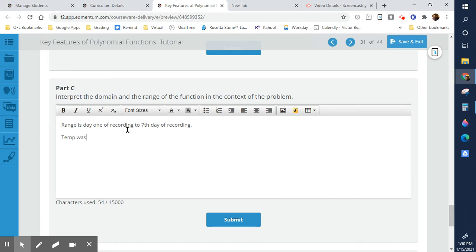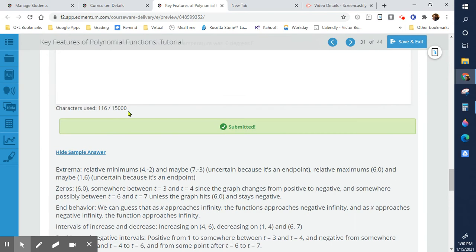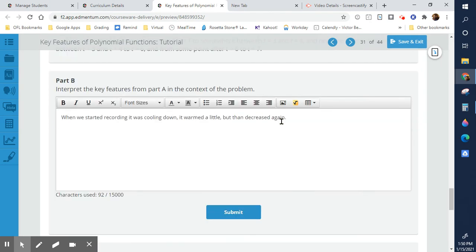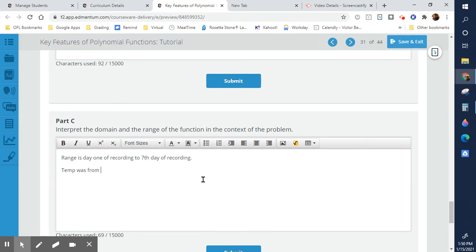Temp was from, what was it, 6 degrees was the highest? 6 degrees to -3 degrees during that time.